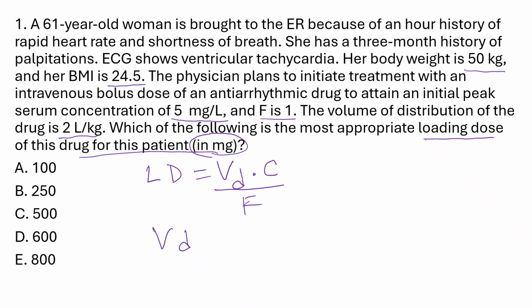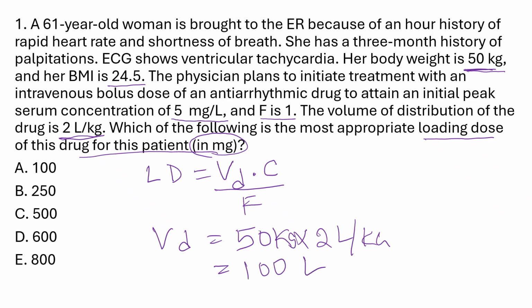It is given per kg, so we use the body weight, 50 kgs, times 2 liters per kg. That gives you 100 liters, the kgs go away. 100 liters is the Vd.